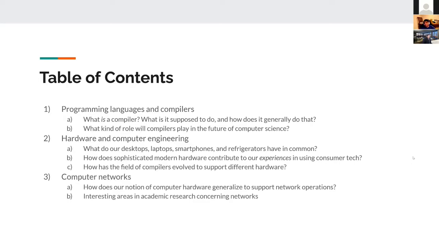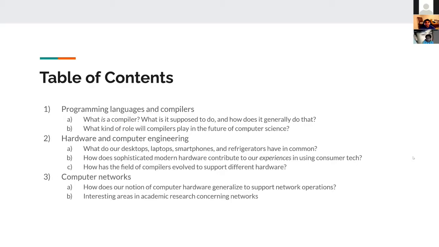Just eyeballing this crowd, I know Sean and Soraver play a lot of video games, I know Jonathan plays a lot of video games, and I imagine there's a large group of people in computer science that do that kind of thing. So that'll be a really interesting side to explore.